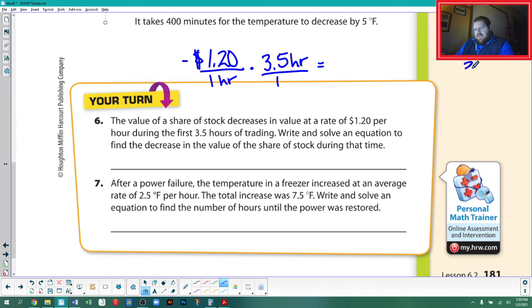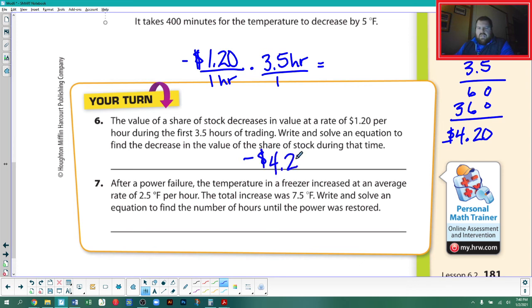So 1.2 times 3.5, that's 0, 1, 6, 6, 3. And so we've got $4.20. And it is negative. So it goes down $4.20. Yep.